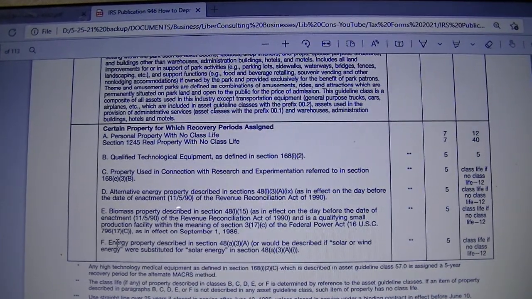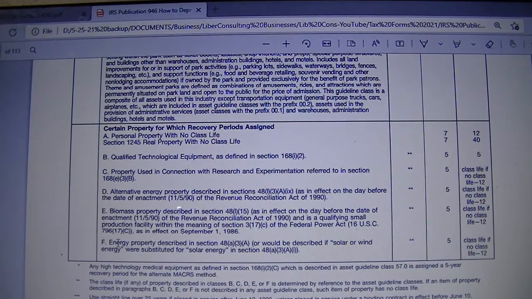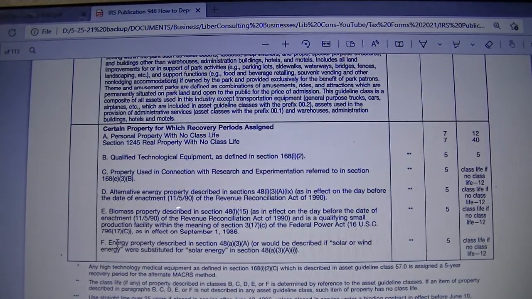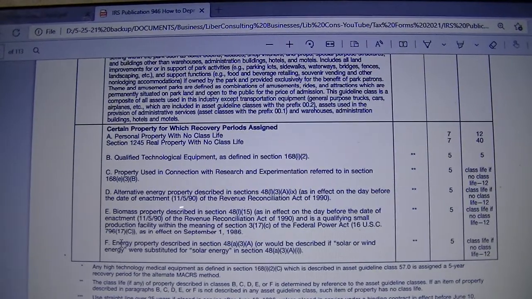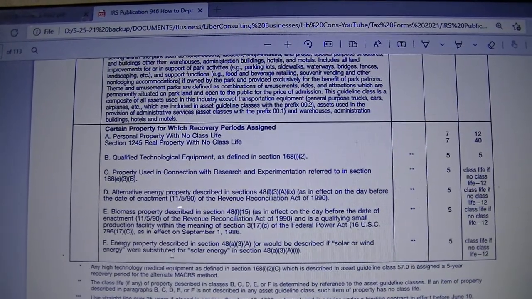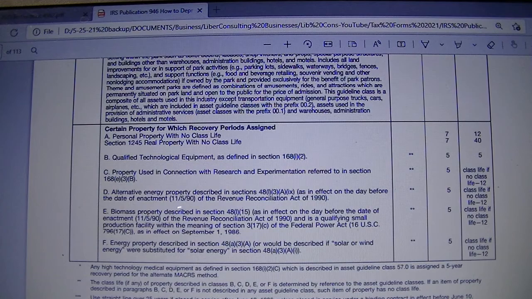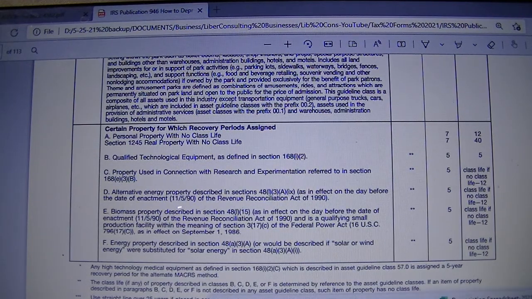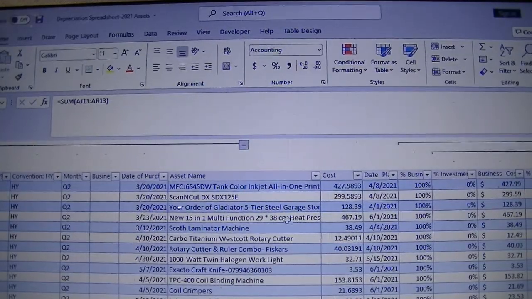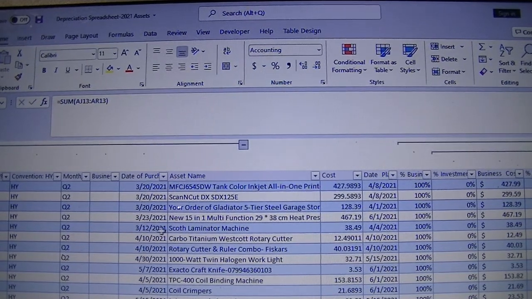You'll notice that even asset class 57.0 has a lot: personal, professional services, retail, trade, wholesale. All grouped in that asset class. So those are the steps you will take to figure out the property class for your assets.